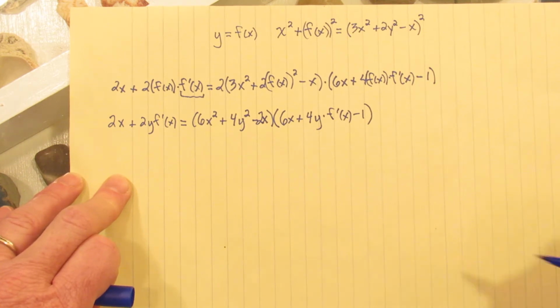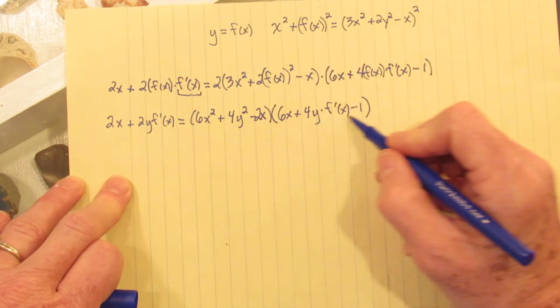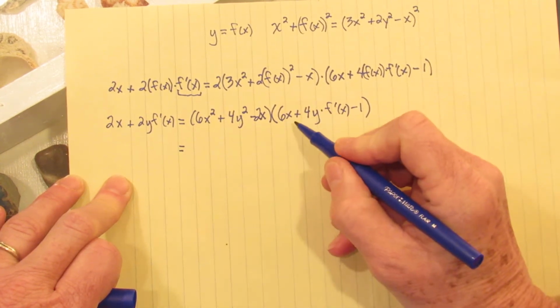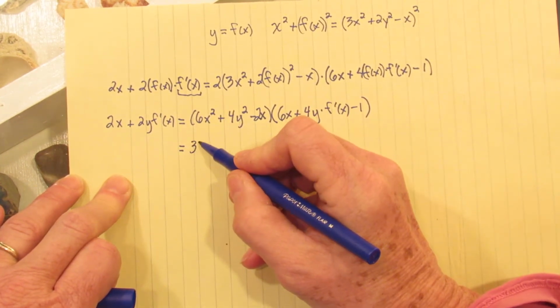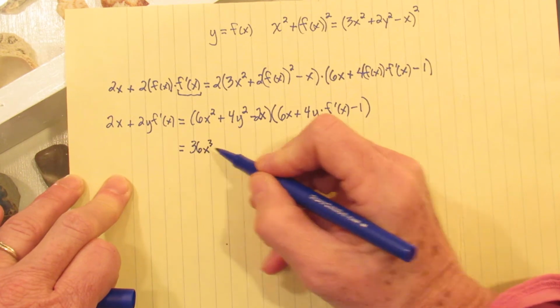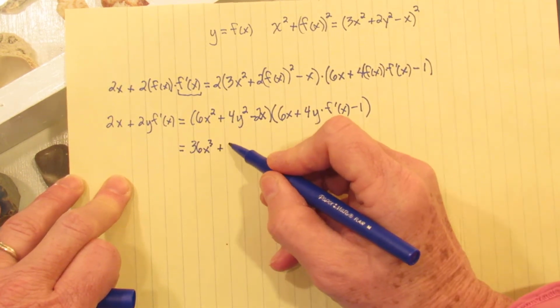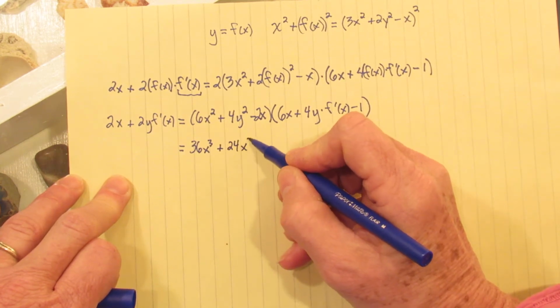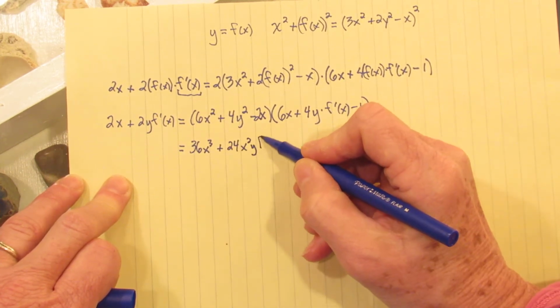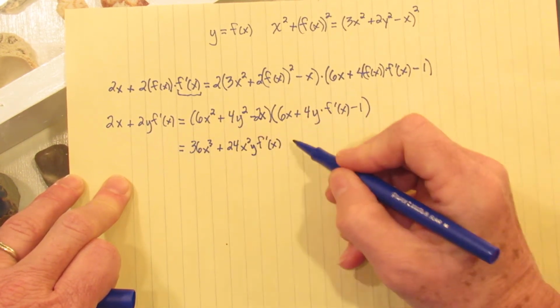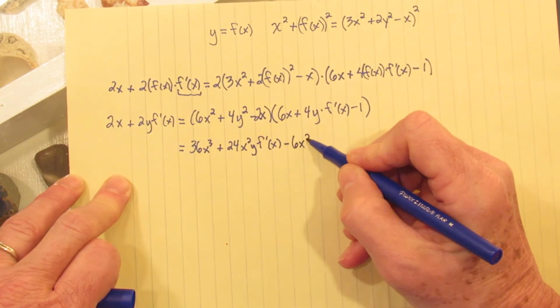Okay, still trying to clean it up. I need to distribute over here. So 6x squared times 6x will become 36x cubed. And then 6x squared times this term will become 24x squared y f prime of x. And then 6x squared times minus 1 will be 6x squared.